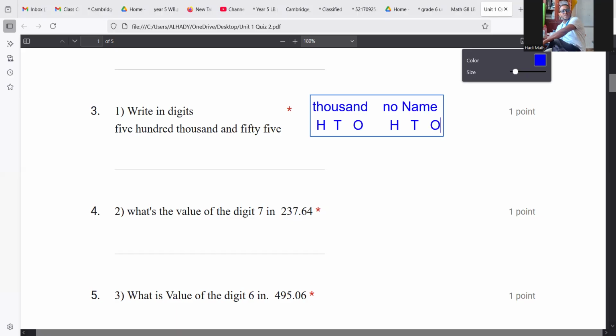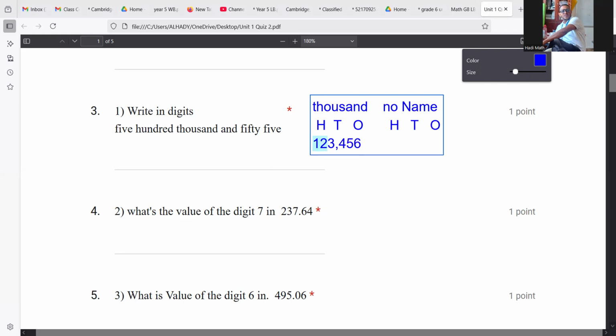And we said if we have a number like this one and you want to read it, you first break it into 3 groups. Every 3 digits will be one group: 1, 2, 3, and a comma. You will read the 3 digits together, then mention the name of the group.